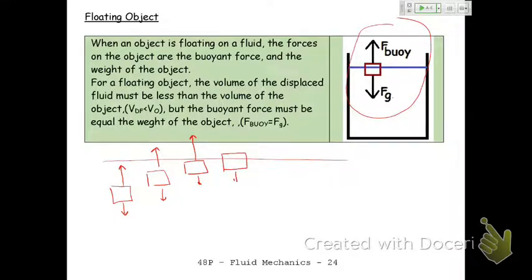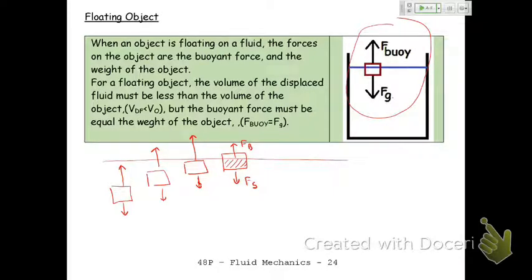It can't do anything about the weight, the weight is always the same. But it can reduce the buoyant force by displacing less fluid. So it sticks enough of the object above the fluid until the volume of the displaced fluid is small enough that the buoyant force equals the weight. So it's kind of a clever self-regulating system.